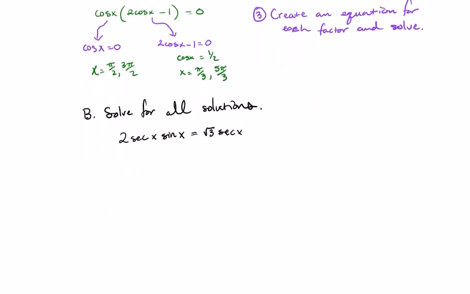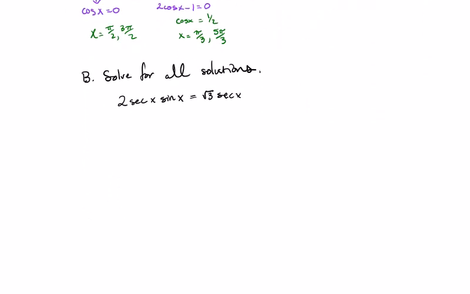Okay. This one says solve for all solutions, so let's do what we just talked about. We're going to set it equal to 0. So it would be 2 secant of x sine of x minus rad 3 secant of x equals 0.